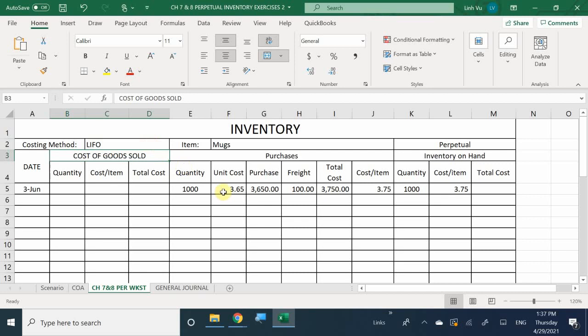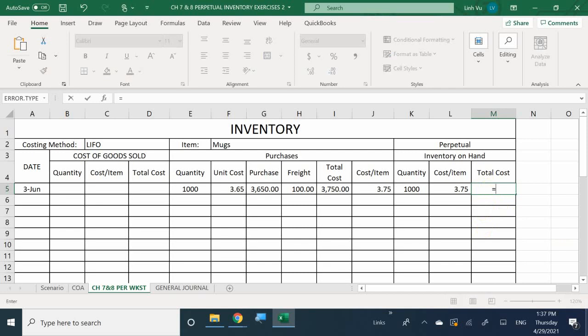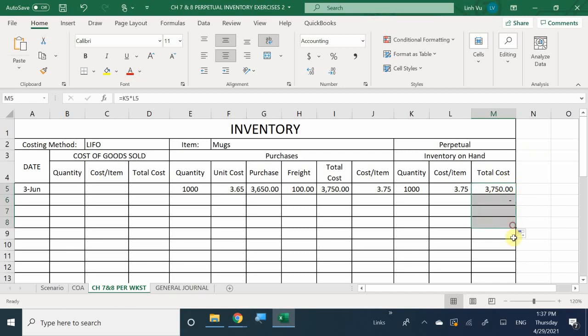In this case, where should our formula go? It's going to be your total cost. So again, it's going to be your quantity times your cost per item to give you a total of 3,750.